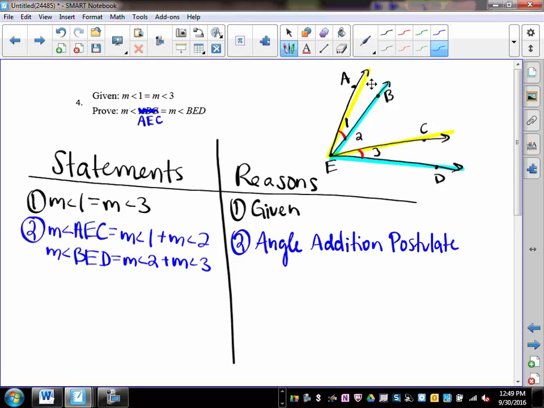All right. So for our proof statement, for them to be exactly the same, right? Right now, are these exactly the same? No, they're close, but they're not exactly the same. What do we need to do?